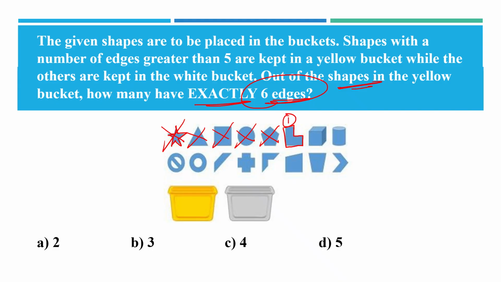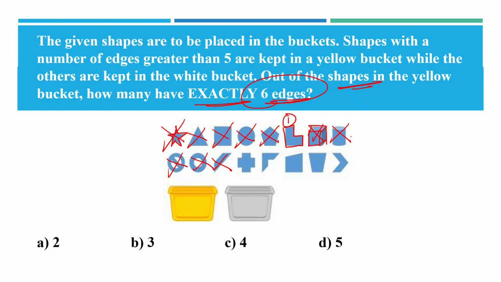I have one shape which has to be placed in yellow, and this is a 3D shape. So obviously it will be more than 6 edges. Here 1, 2, 3, 4, 5, 6, 7, 8, 9, isn't it? And not this. We'll eliminate this, and this is actually four-sided.